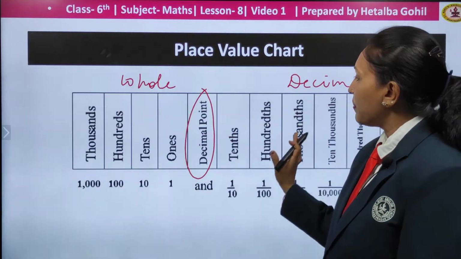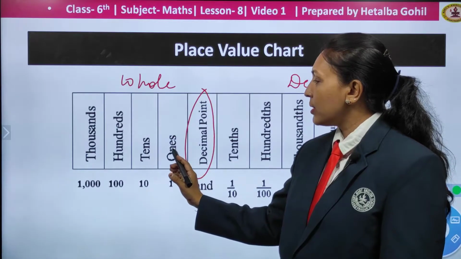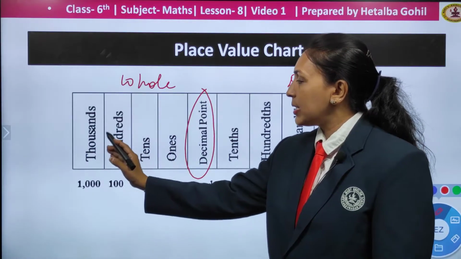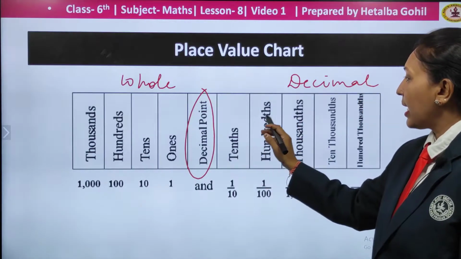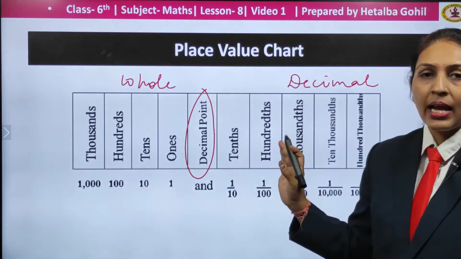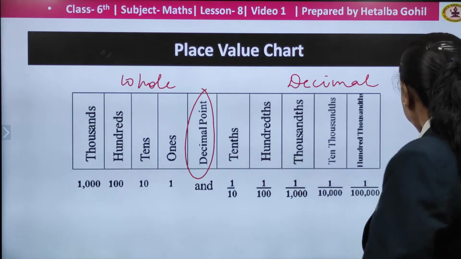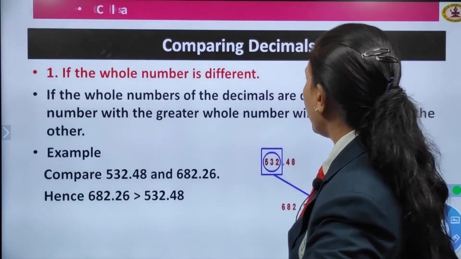Okay, so both these parts are separated by a decimal point, and in the place value system we have ones, tens, hundreds, thousands and so on. Similarly, we have here tenths, hundredths, thousandths, and so on. Let us go for the next.